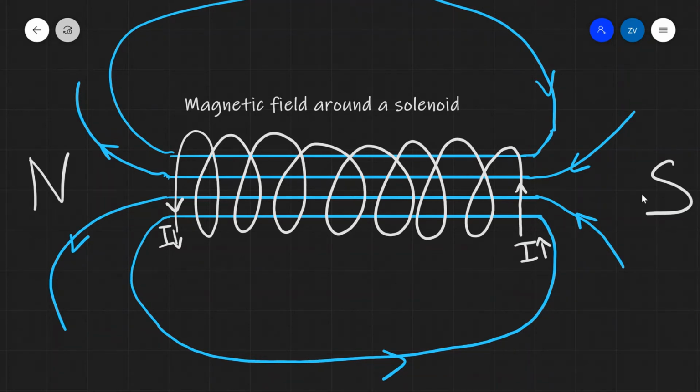This is one way of essentially making an electromagnet, simply by looping a wire and then running a current through it. This will simulate the field around a bar magnet really effectively, and can be used for many purposes in research and in engineering as well.